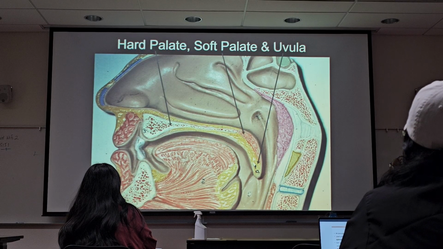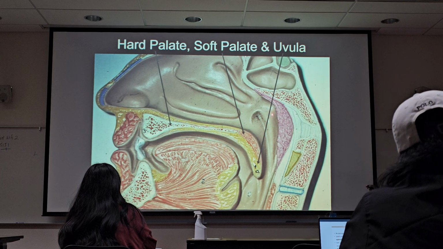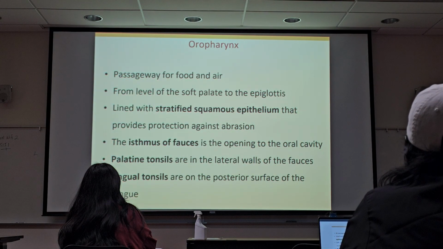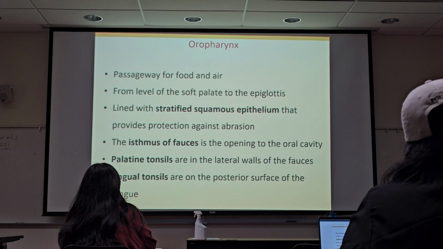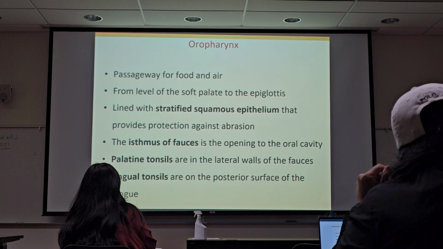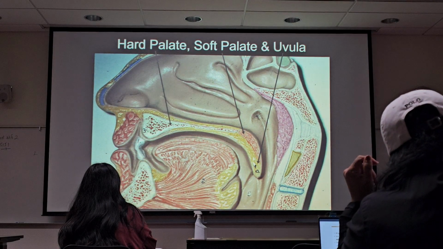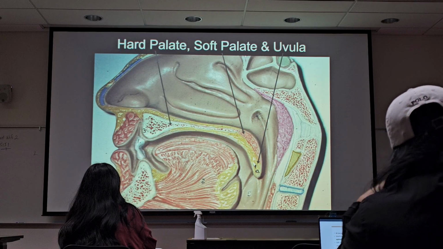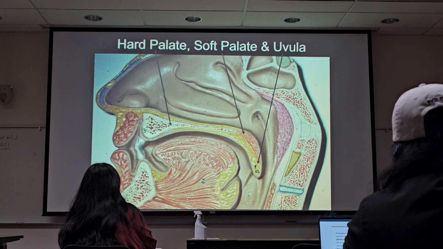Once we travel down the nasopharynx behind the nasal cavity, we enter the oropharynx behind the oral cavity. Now food and drink can join in with air. Air is passing through the oropharynx as well, and now food can enter in.